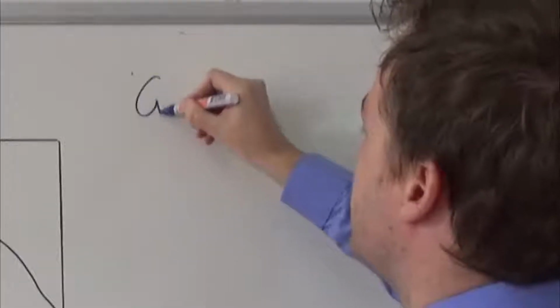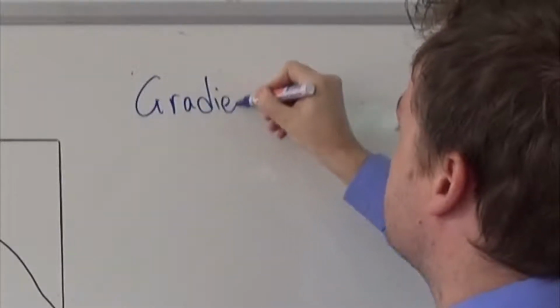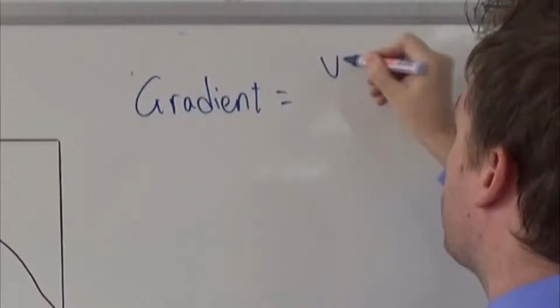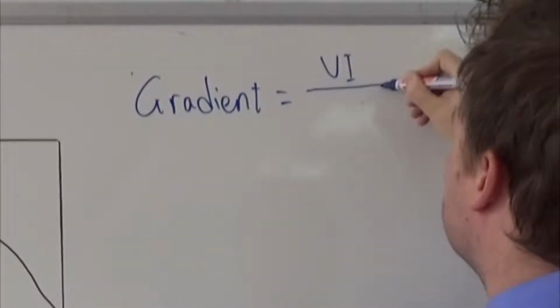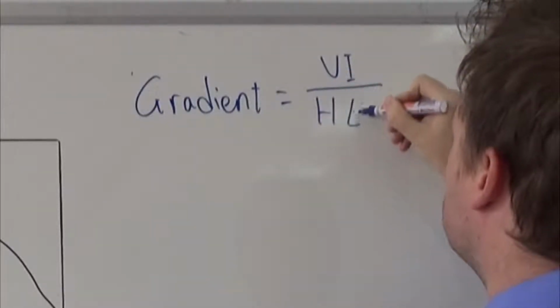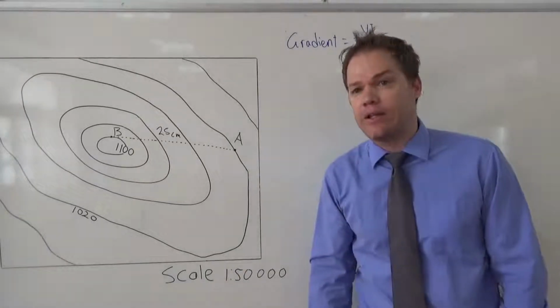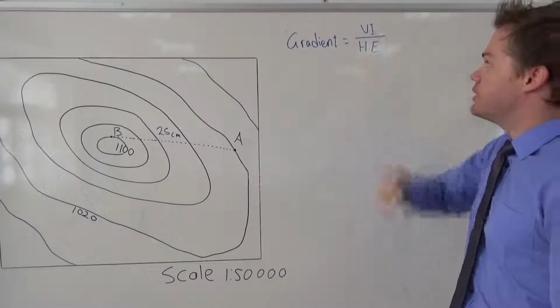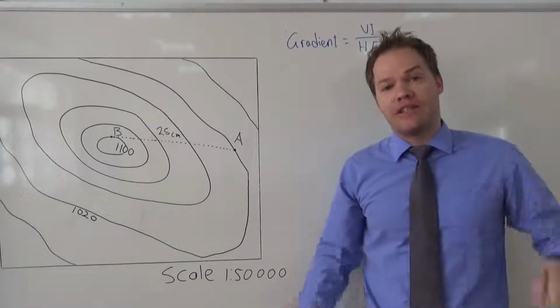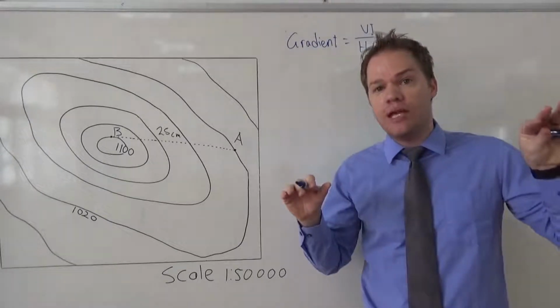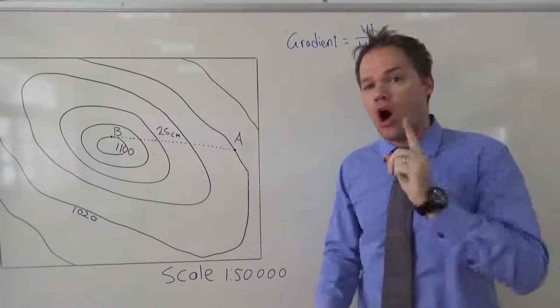So the formula is gradient equals vertical interval over horizontal equivalent. Now, what does this tell you? It tells you the vertical interval is the difference in height between those two locations on the map.